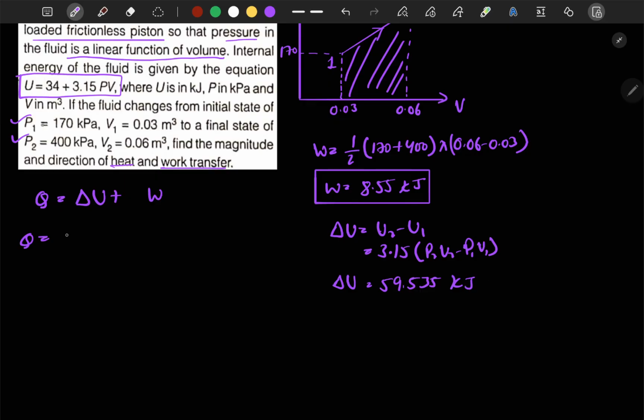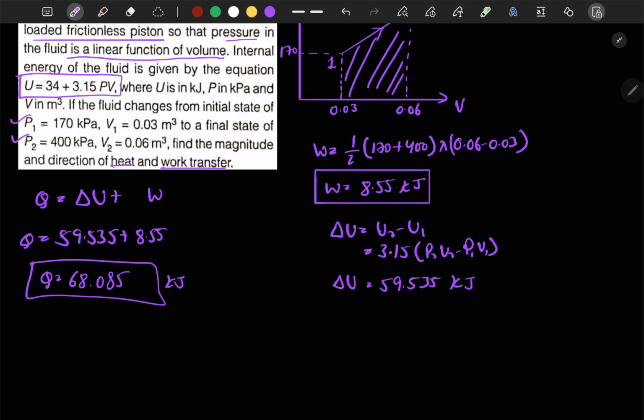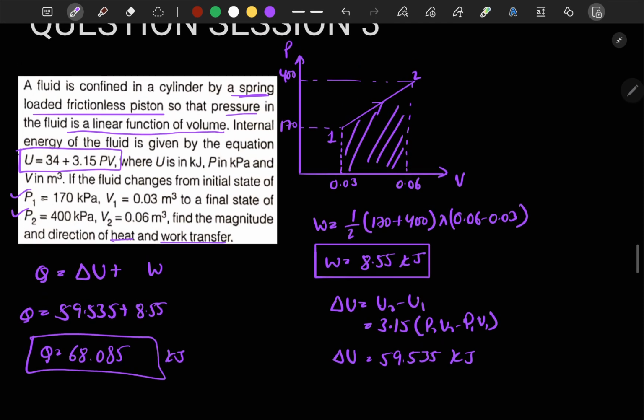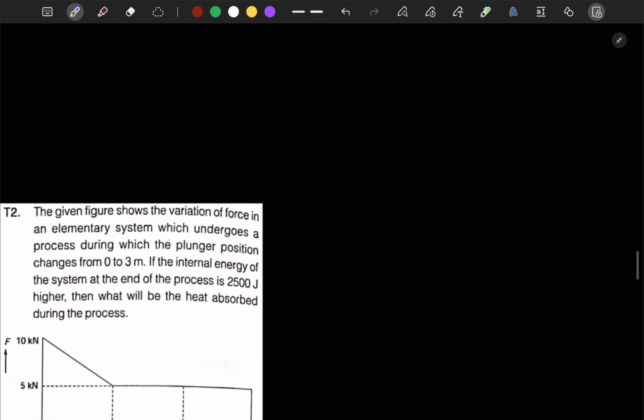So we get Q as 59.535 plus 8.55, so Q is equal to 68.085 kilojoule. So this is the solution for this question, and now we will move to the next question.